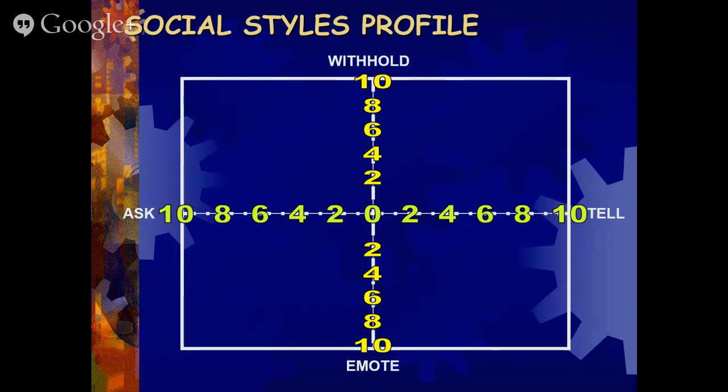You have the Wilson learning model, which talks about these 4 styles as well. So I'm going to take you through that and then come back to a comparison with Myers-Briggs.